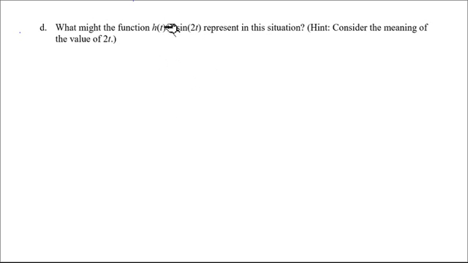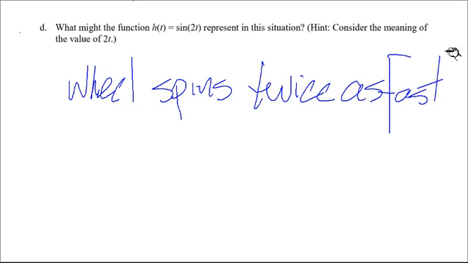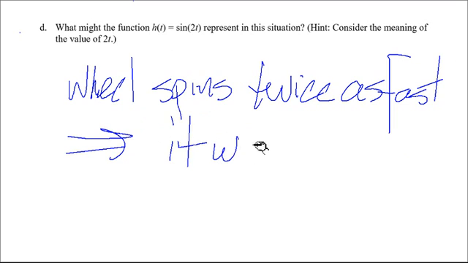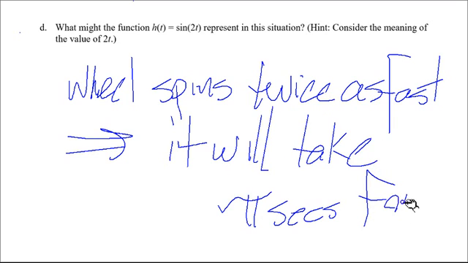So our 2t tells us that the wheel spins twice as fast, and this means that that will correspond to a period. It will take not 2 pi seconds, but pi seconds for 1 revolution.